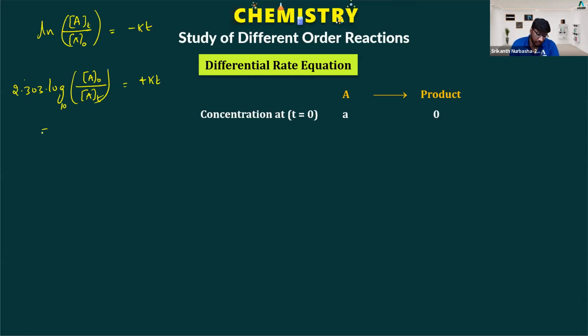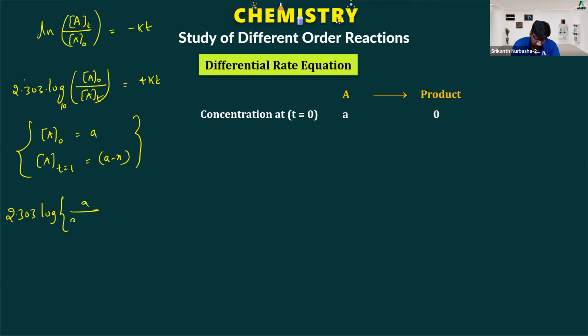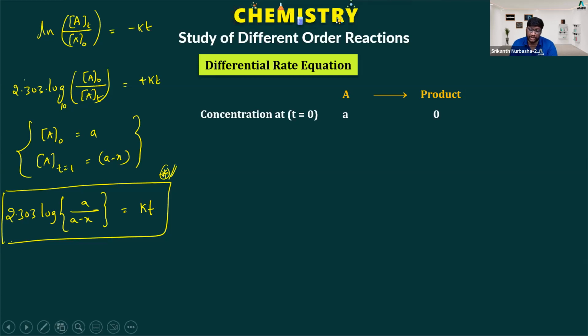So concentration of A at time t is equal to 0, let us say A. Concentration of A at time t is A minus x. So you will get 2.303 into logarithm of A by A minus x is equals to k into t. This is also the other form of writing your first order reaction rate equation.